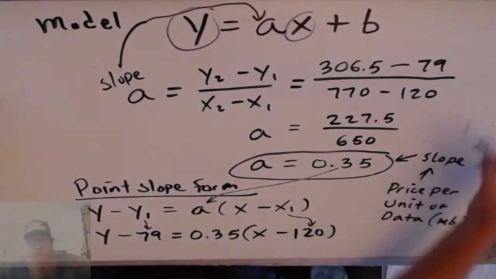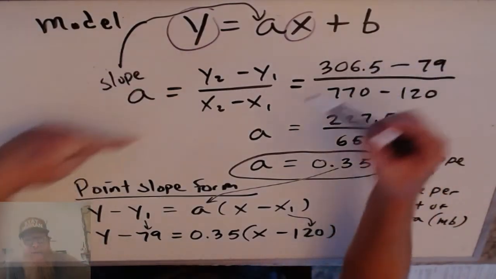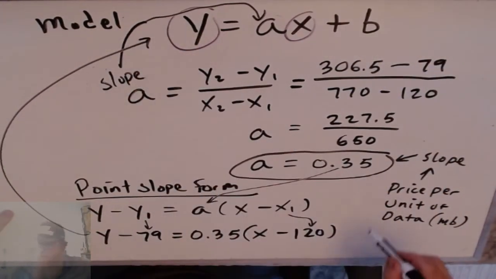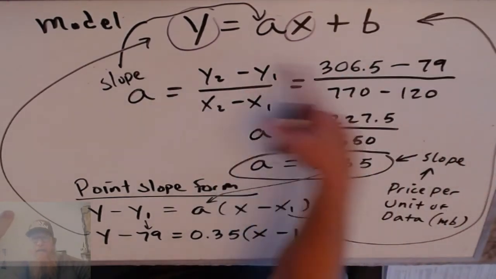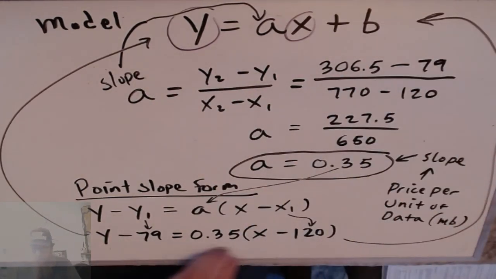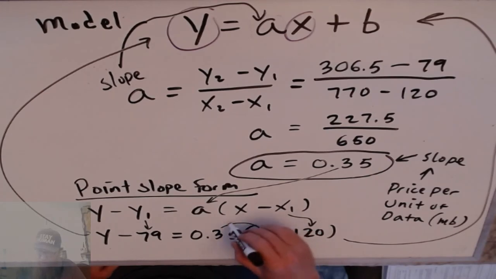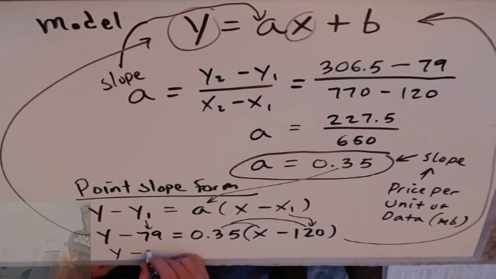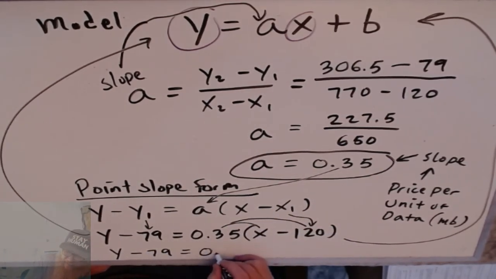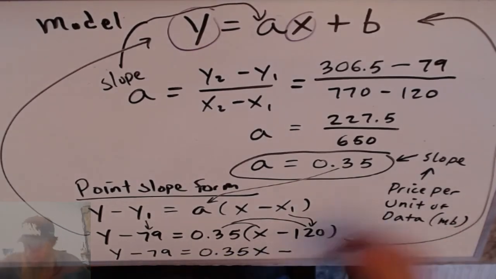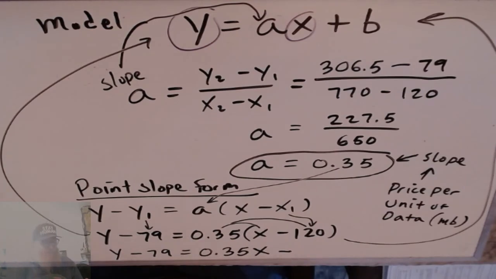I want you to put it into this form. I want you to simplify it into this form. So we're going to work up here. We're going to rewrite it this way. It's relatively simple, although I would probably use a calculator. You get Y minus 79 equals 35 cents times X minus, I can't really do that in my head.